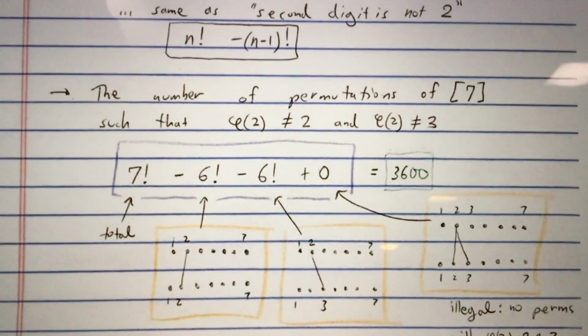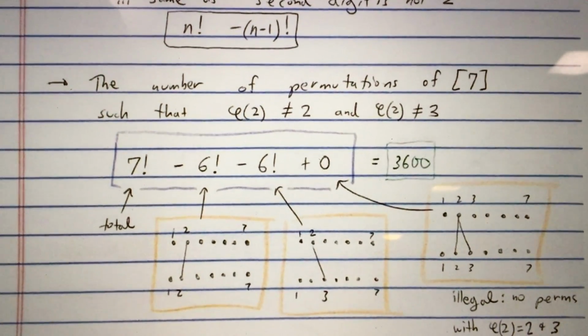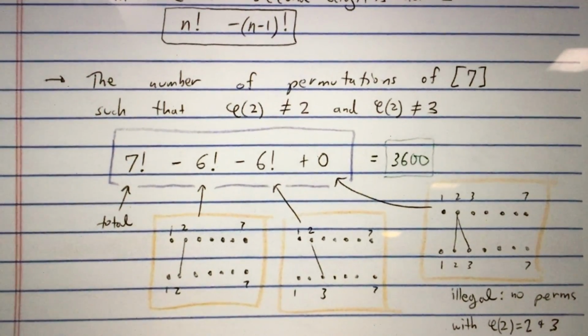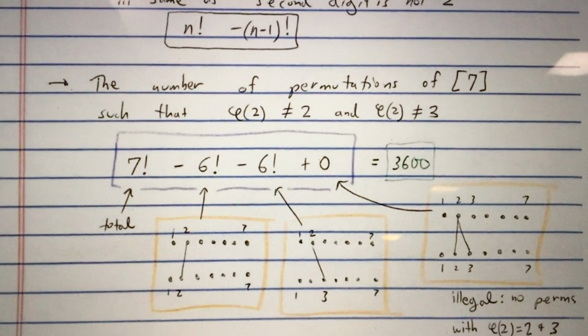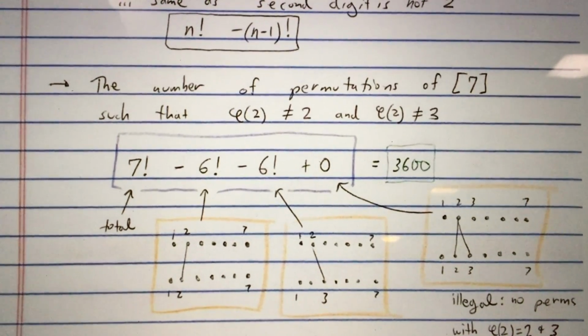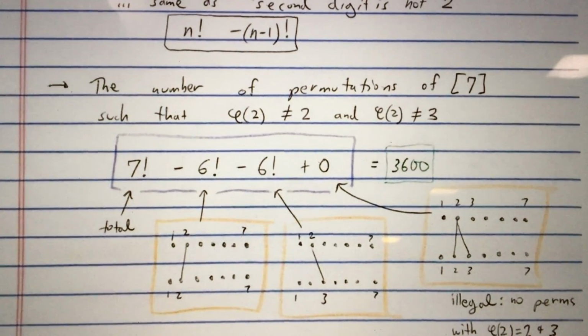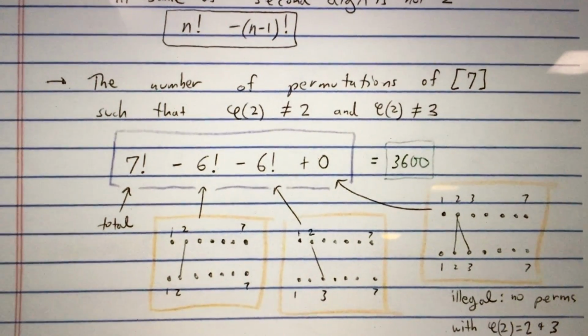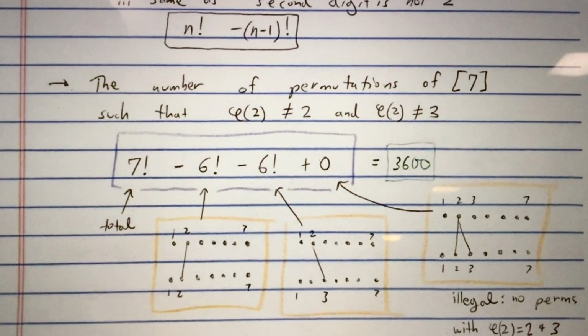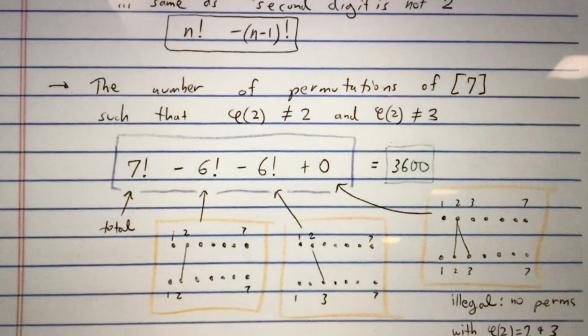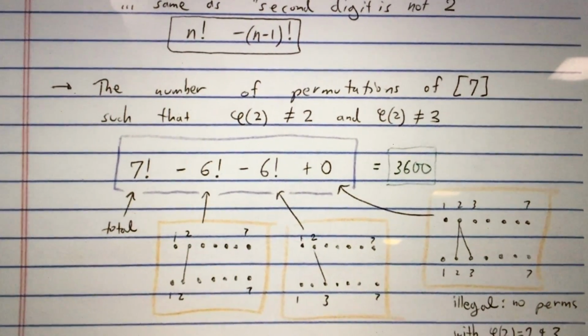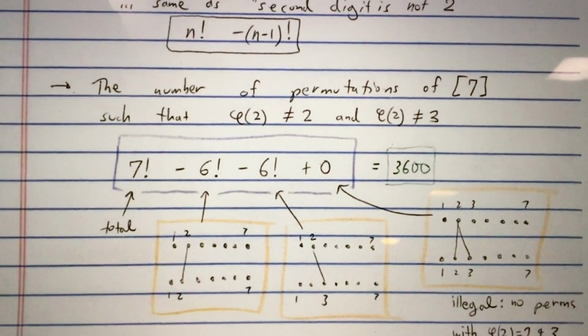A function can't send one input to 2 different outputs. It's like the vertical line test. Basically, a function always has exactly 1 output for every input. So there's no permutations with phi of 2 equals 2 and 3. So that last piece would just be adding back in a 0. And that comes out to 3600.